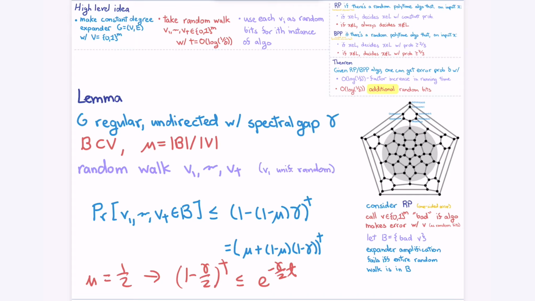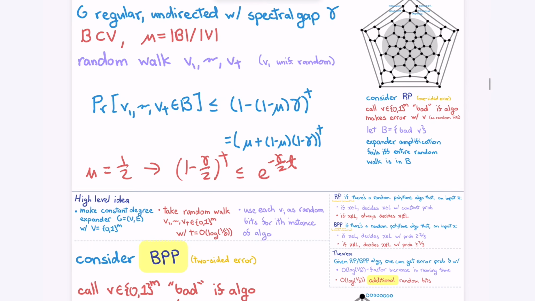So if gamma is a constant, you're looking at something like t over 4. Once t is like 4 times log of 1 over delta, you'll get your delta down here like you want.